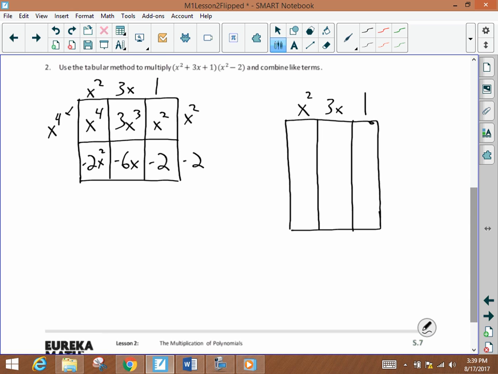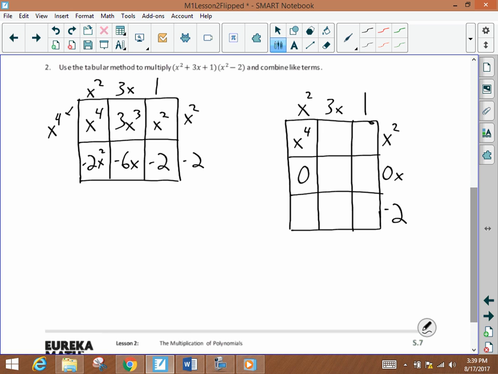I'm missing the x term in the middle. So what I need to do when I'm using this method is put a placeholder for x. What's 0 times x? It's 0. So it's not going to affect my answer at all. Adding 0 to stuff doesn't really change it at all.